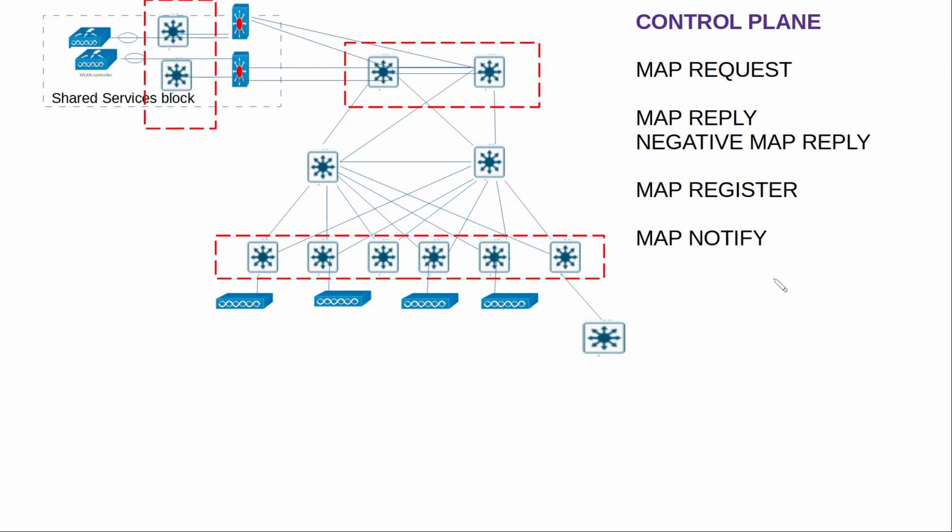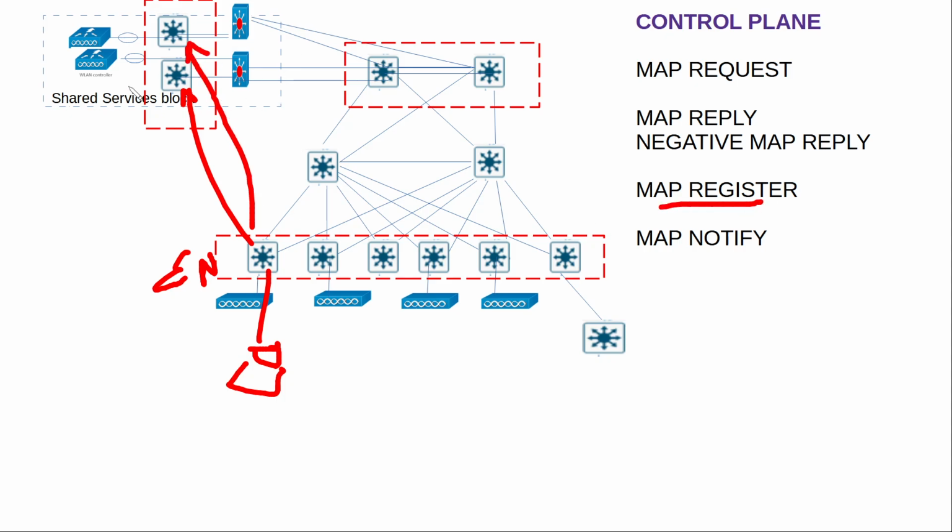So this is a summary of your messages. Remember that when you plug a device into your network, your edge node will send a map register to the control nodes, and the control nodes will have to respond with a map notify.